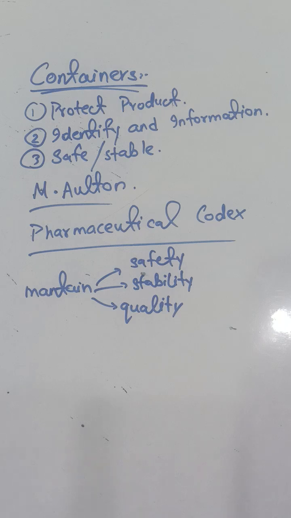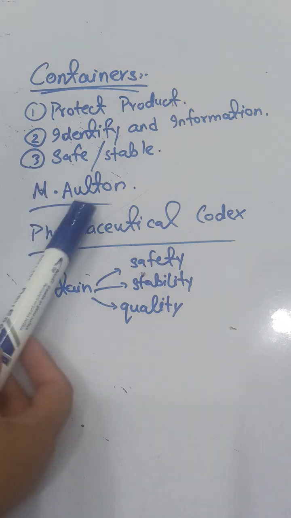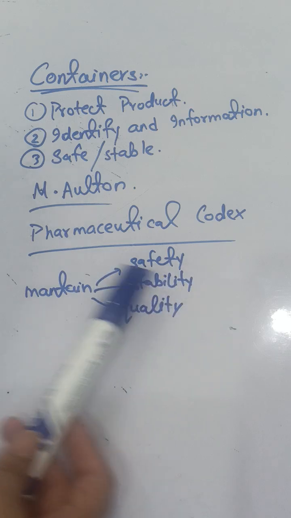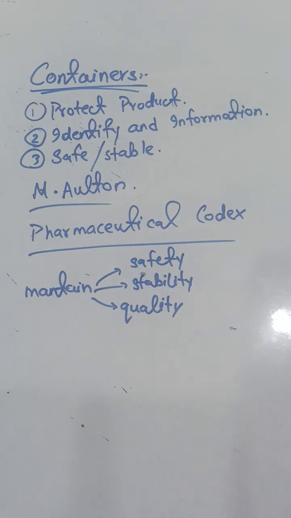Sorry for my voice, I have something stuck in my throat, but you have to listen. So the Pharmaceutical Codex says the container is going to maintain the safety, stability, and quality of our product. So these were the two definitions of containers given by M. Alton and the Pharmaceutical Codex. I have given you these two definitions so that if anyone asks you what a container is, you should know about it.